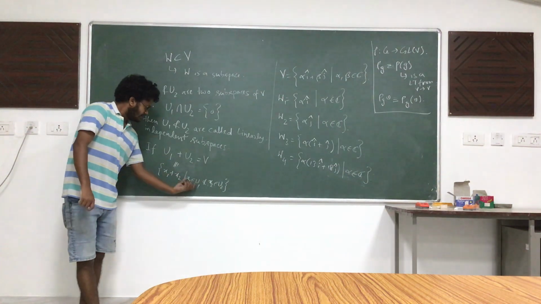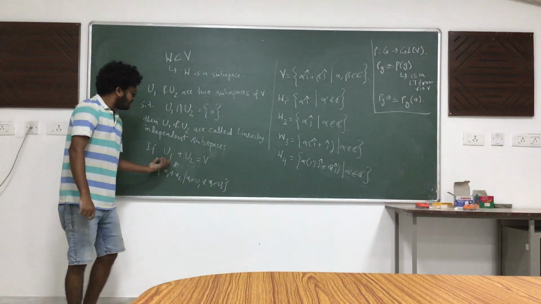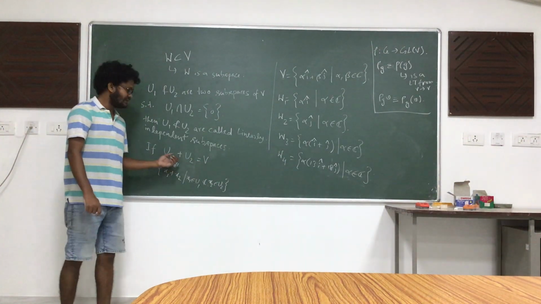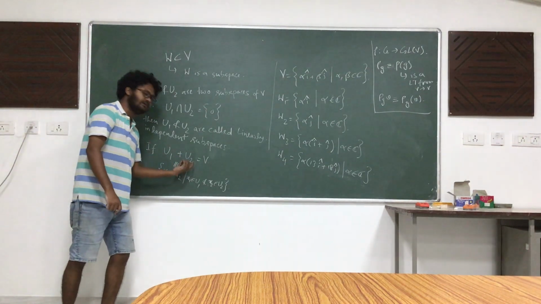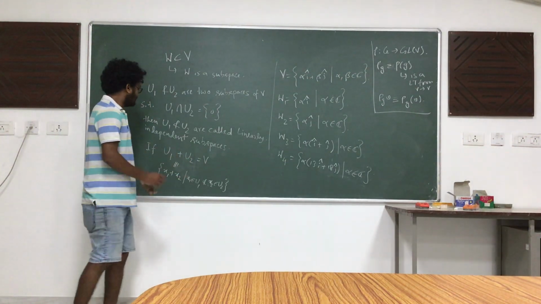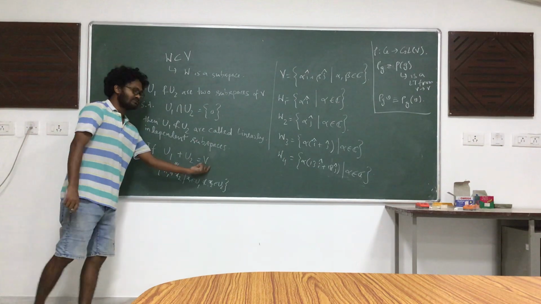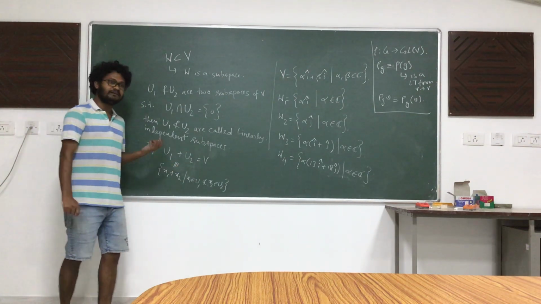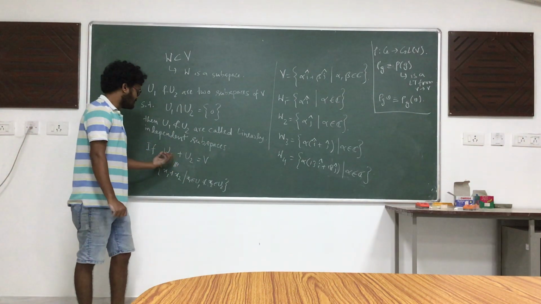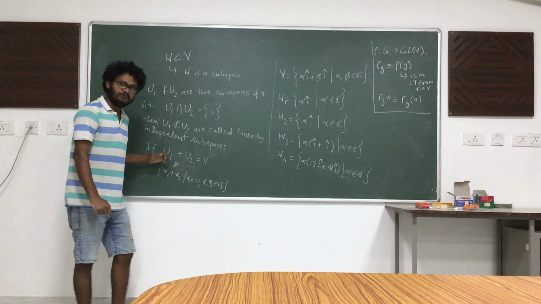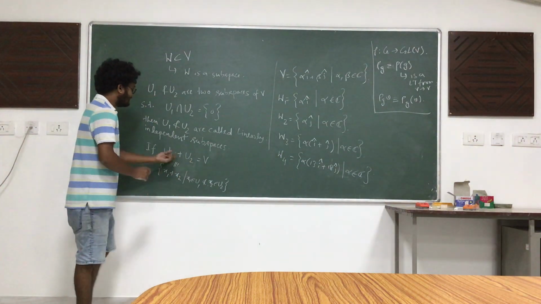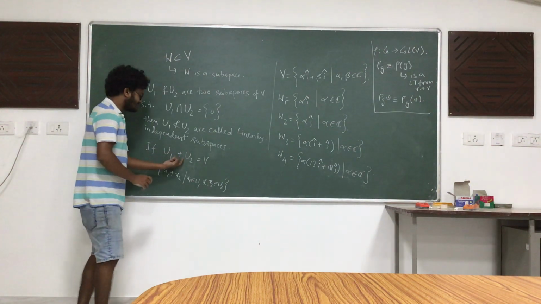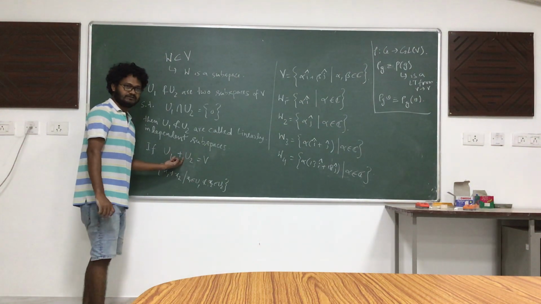So if this is satisfied, or basically the span of U1 union U2 is V, then any vector from V can be written in terms of two vectors, of which one is from U1 and one is from U2, and then this is called the direct sum decomposition.